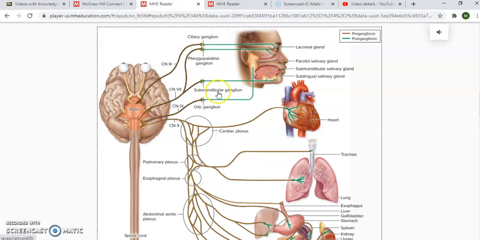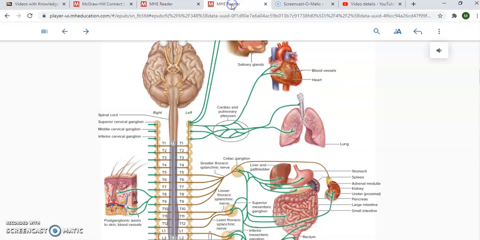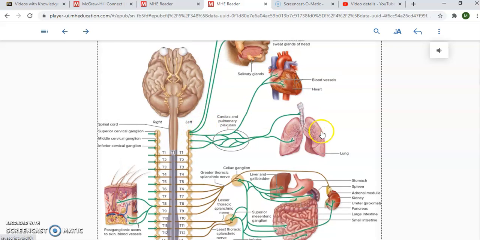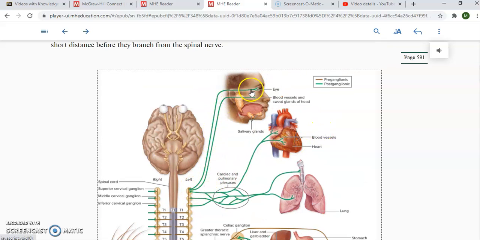And then when we look at our ganglionic motor neurons, in this case they're green, these are relatively shorter than the preganglionic ones. But if you look at our sympathetic, you will notice that the preganglionics are short, but the postganglionic motor neurons are relatively long.